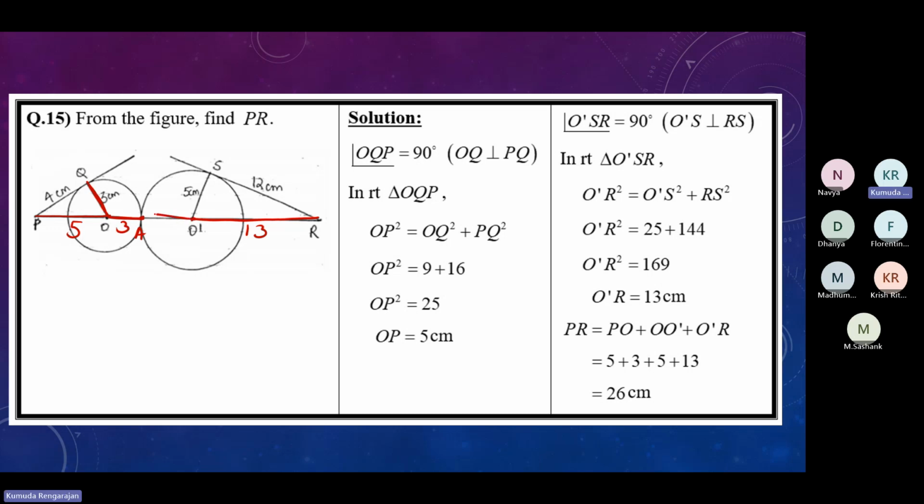Similarly, O dash A is the radius of the circle with center O dash, and the radius is 5. So this is 5. So the length of PR is 5 plus 3 plus 5 plus 13.